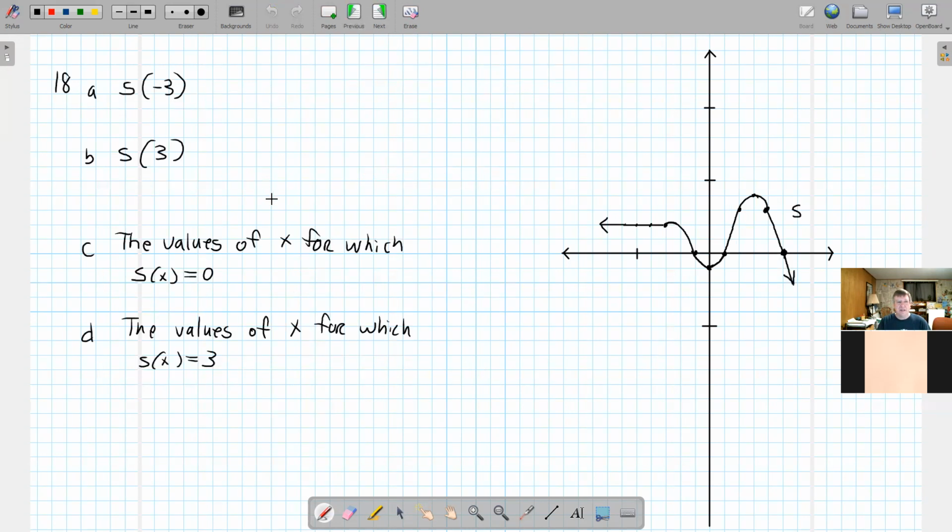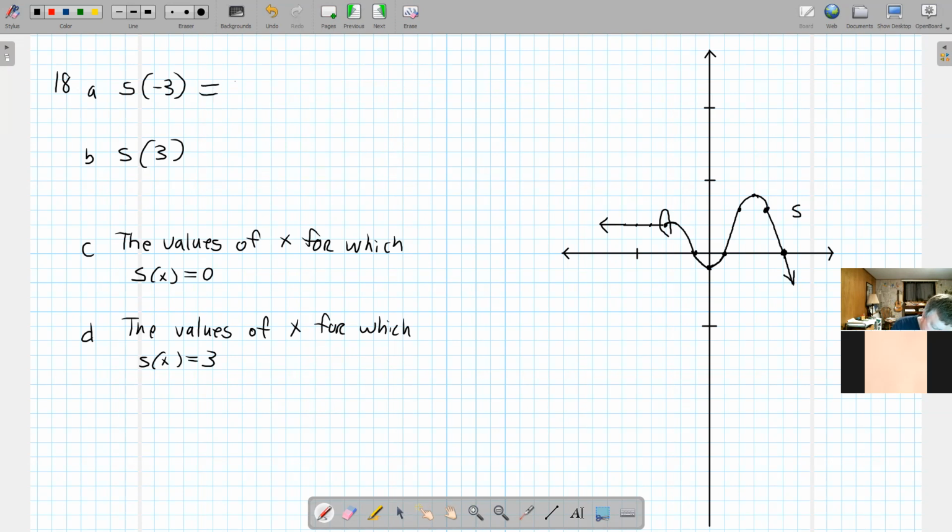Same exact idea, but now we're dealing with the function that is called s. So s of -3, we're looking for a y value that's on the graph when x is -3. Well, when x is -3, y is 2.